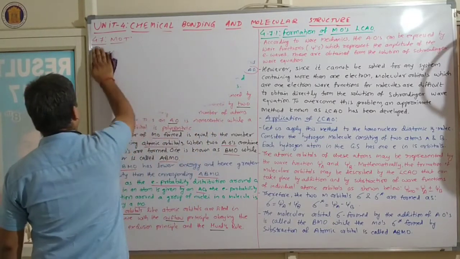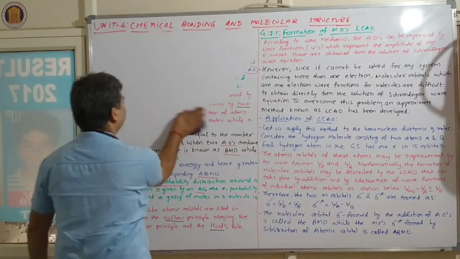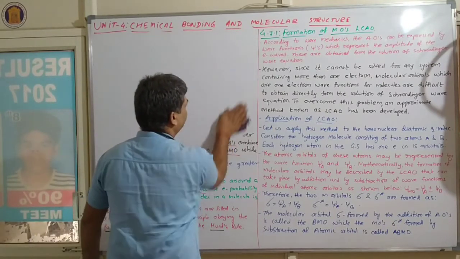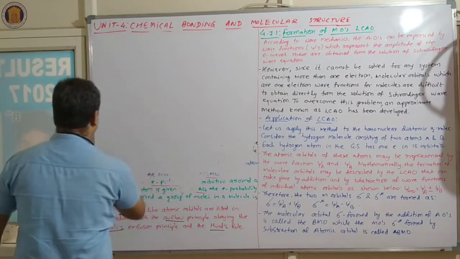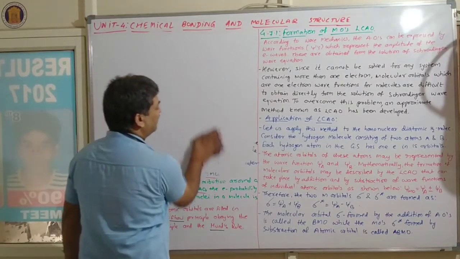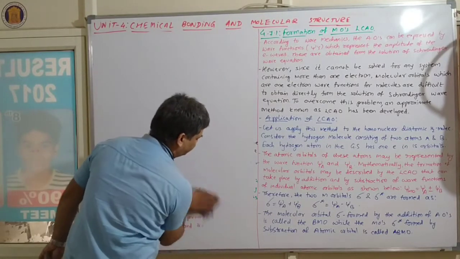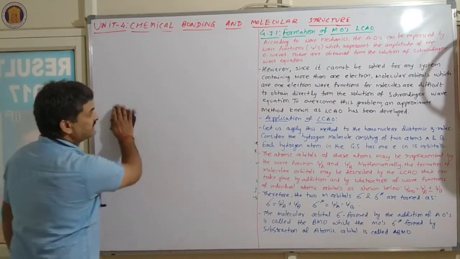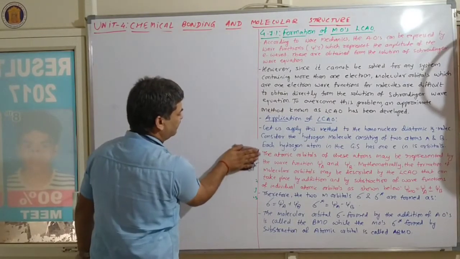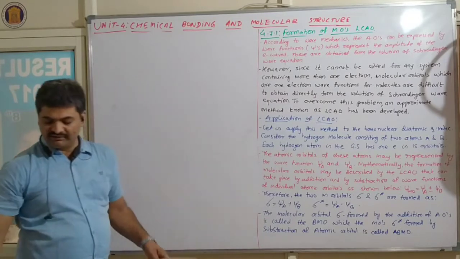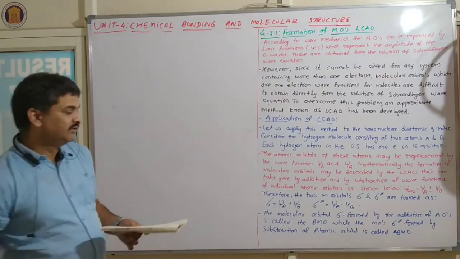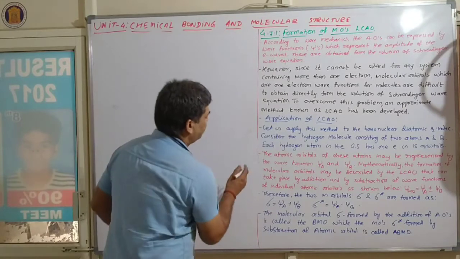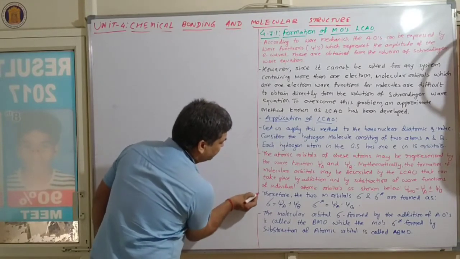It is normally known as linear combination of atomic orbitals. Now we will discuss the formation of molecular orbitals with the help of LCAO. तो चलो डिस्कस करते हैं कि ये LCAO वगैरह में क्या होता है.